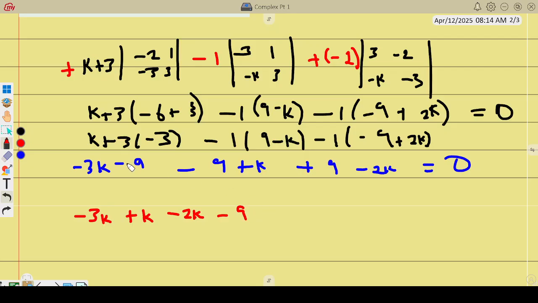Minus 9 and another minus 9 plus 9 is equal to 0. So this is negative 3k plus k minus 2k. This is negative 4k. This is negative 9.